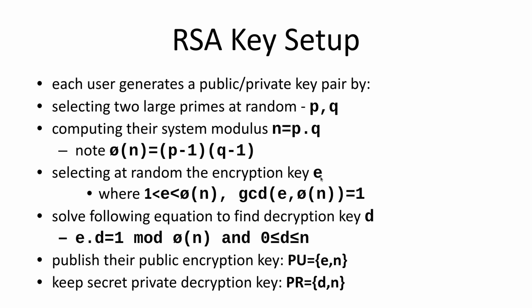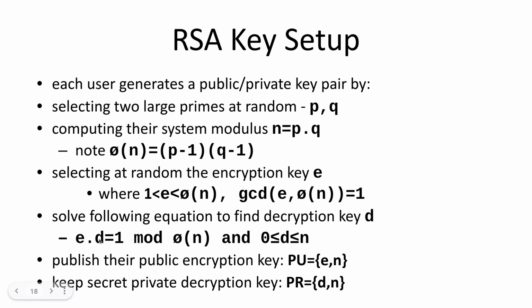So once P and Q are selected, N is calculated, phi of N is calculated, and E is selected at random, a number between 1 and phi of N which has an inverse mod phi of N, then we find the inverse to get the decryption key D. Solve the following equation to find D. We know E times D is equal to 1 mod phi of N, that is, D is E raised to minus 1, if you remember the rules of inverse.